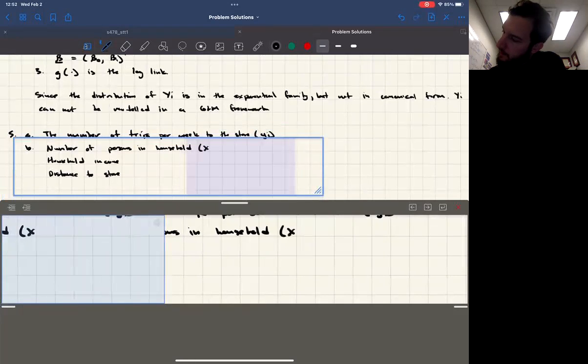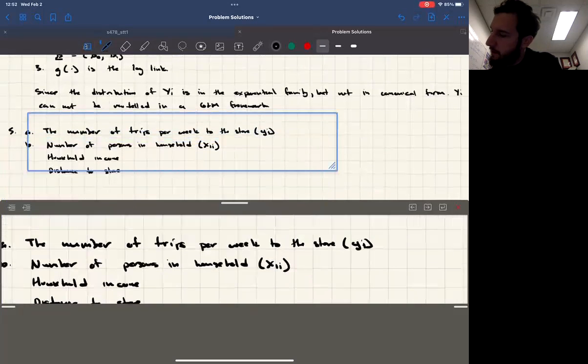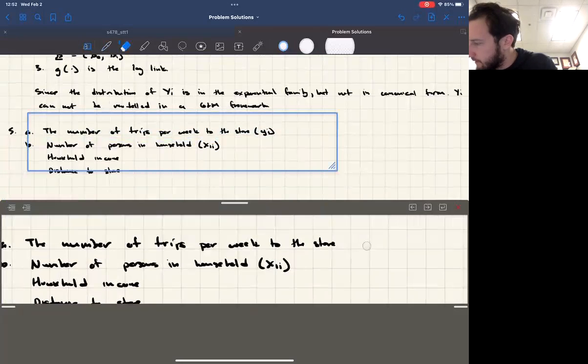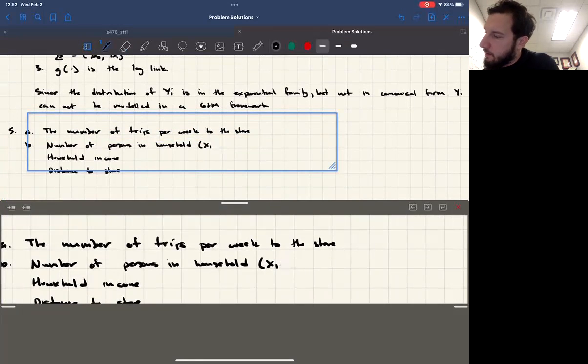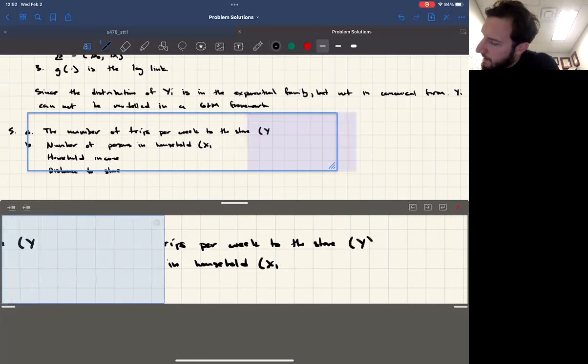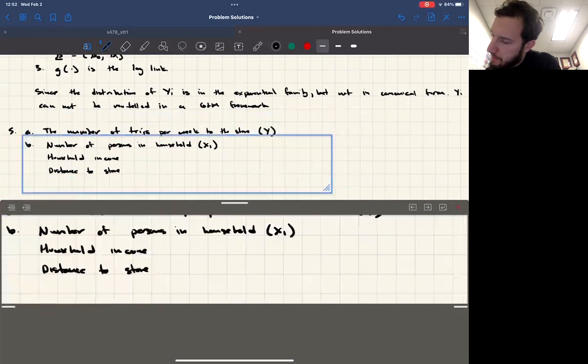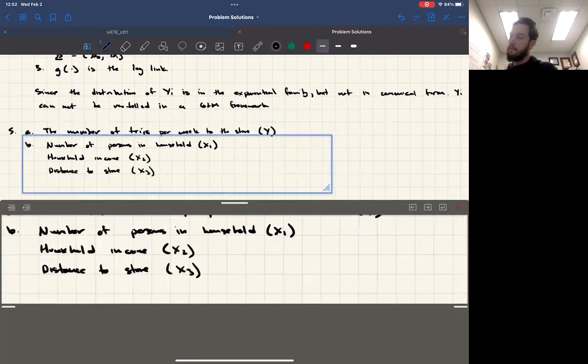We'll call this X1i. Well, actually, we don't really need the i's here. For now, we can just declare them as variables. So this is going to be Y, X1, X2, X3.